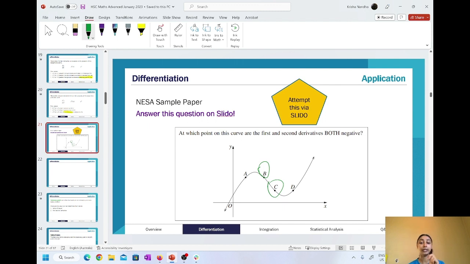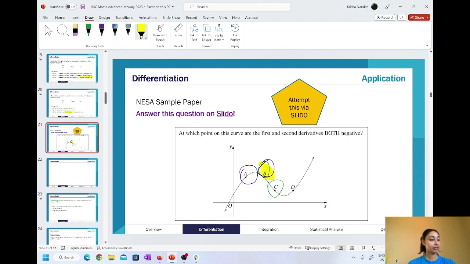Then it needs to be second derivative negative. So it needs to be concave down, like a frown, okay? So what does that mean exactly? You can see it a bit more clearly over here, where this is still increasing, but it's got a negative concavity. So here and here. So what satisfies all of them?